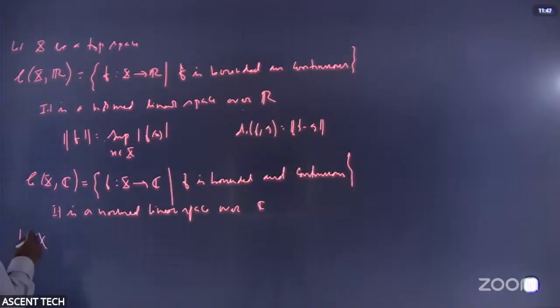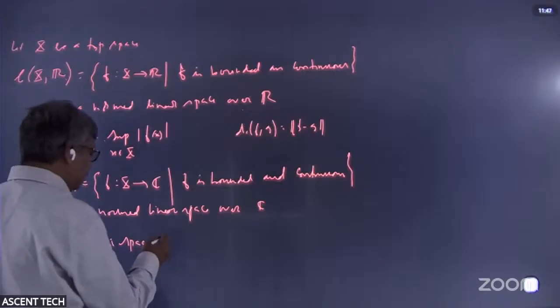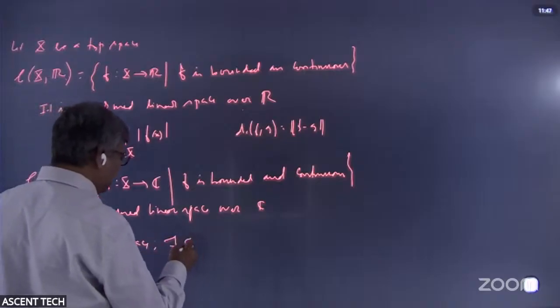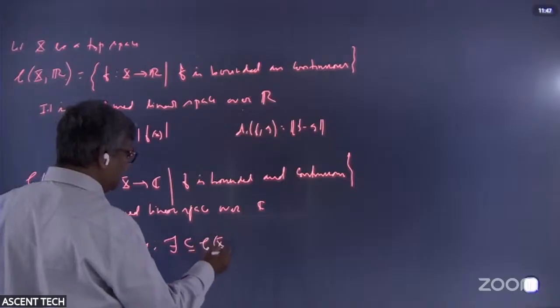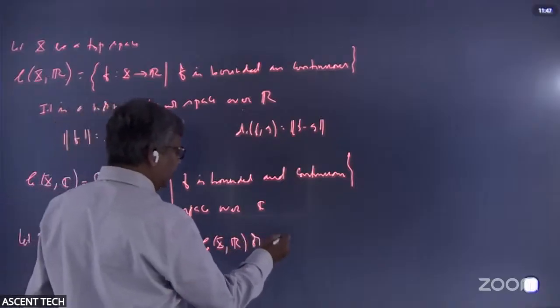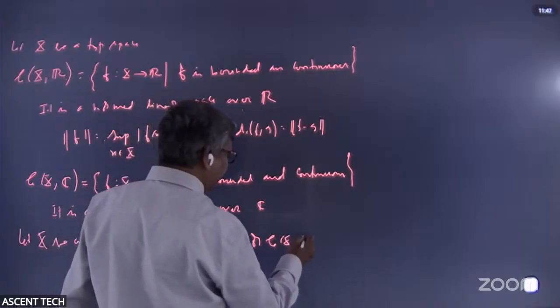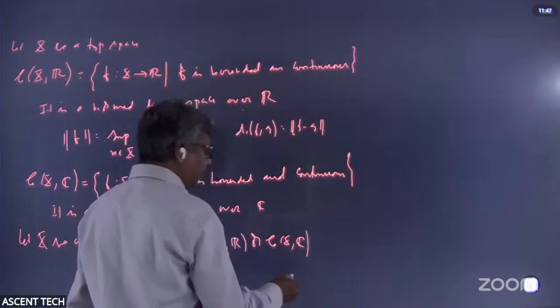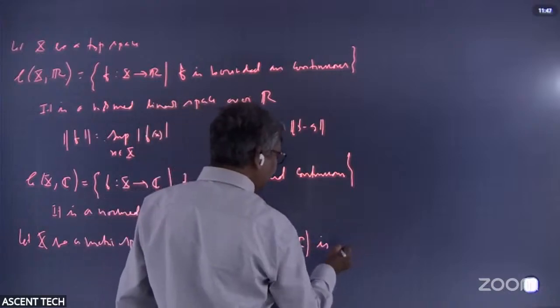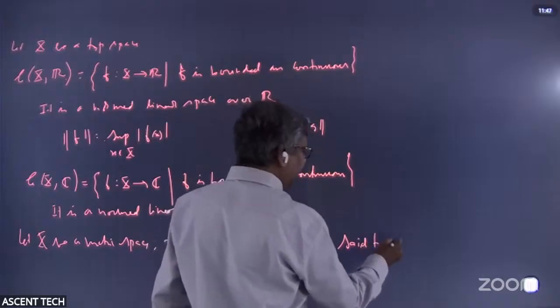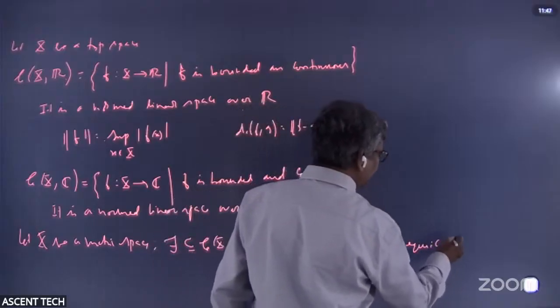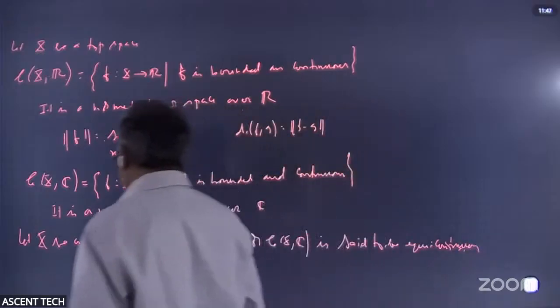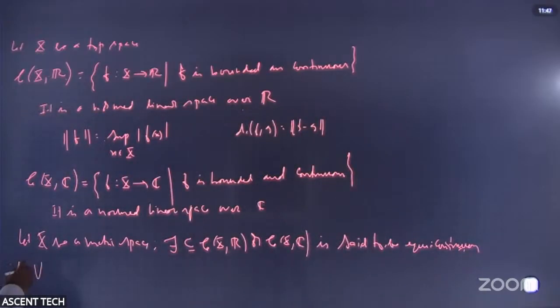Let X be a metric space. A family F contained in either C(X,R) or C(X,C) is said to be equicontinuous if, for every epsilon greater than 0... Each function is continuous, right?